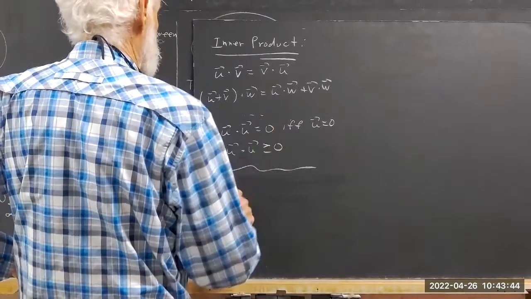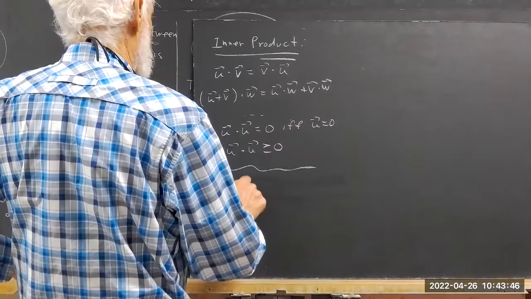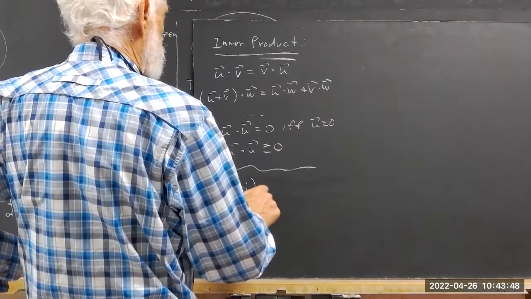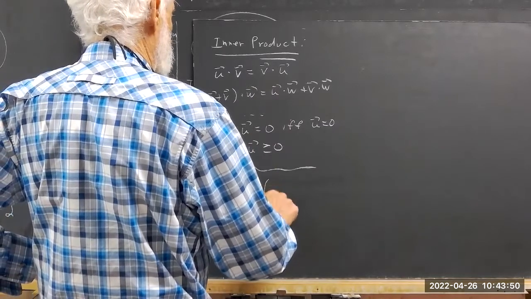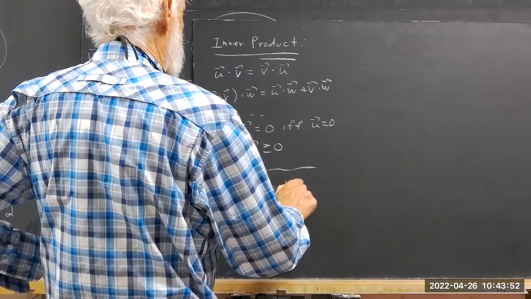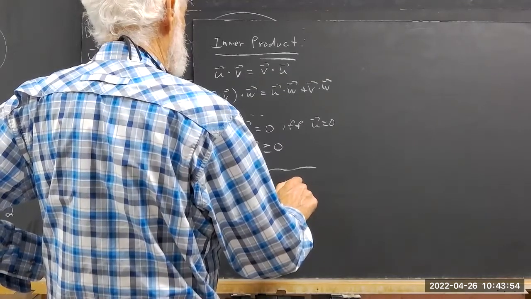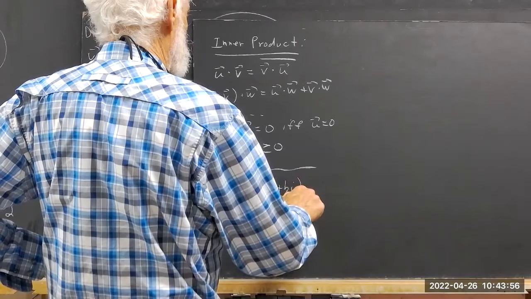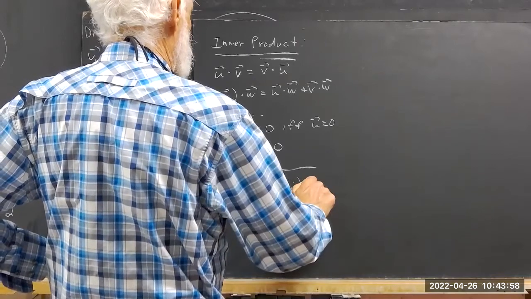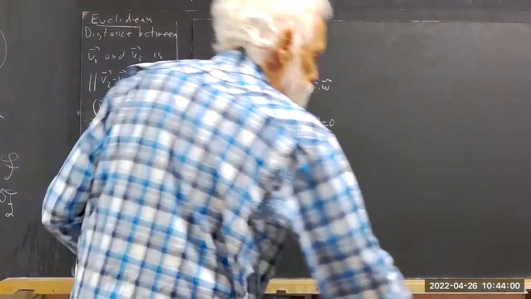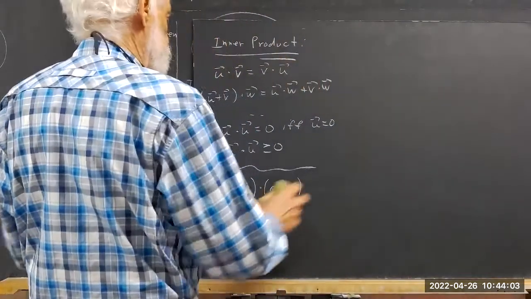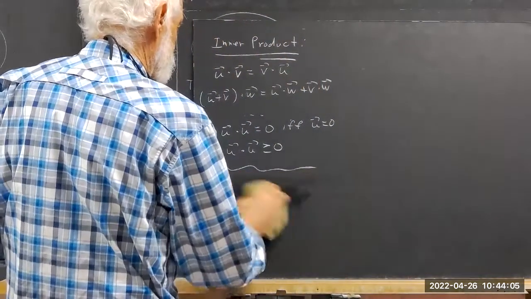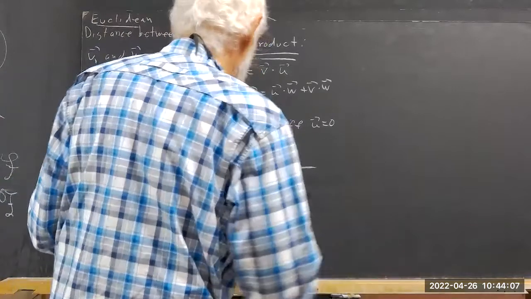If U is just the one-dimensional vector A plus BI, I'm sorry, no, that doesn't make sense.